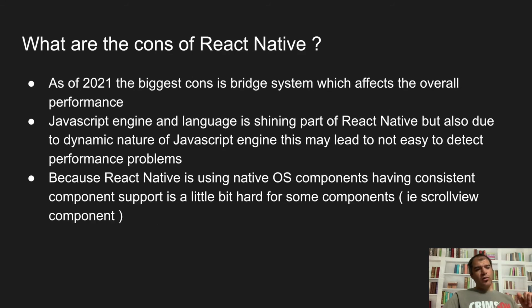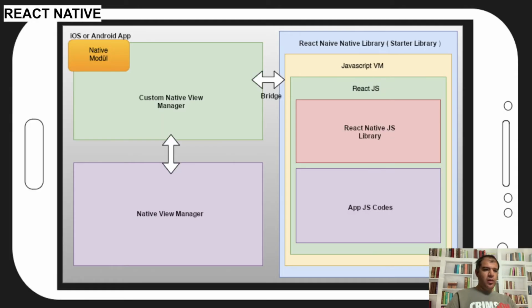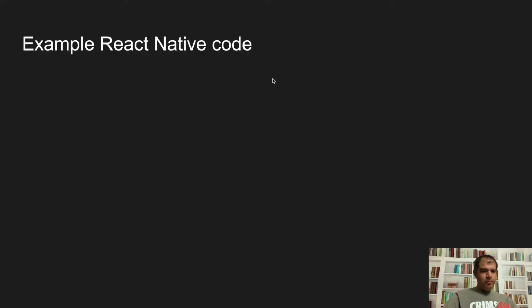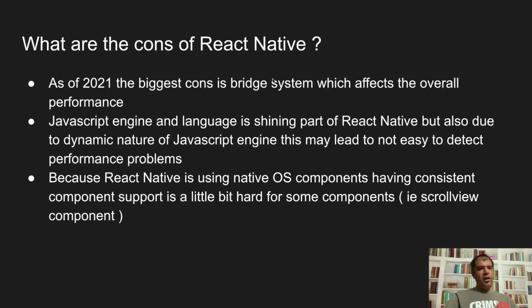So what are the cons of React Native? As of 2021, the biggest cons is the bridge. This is the biggest problem because it is the mother of all the hell. This is the problem right now. So React Native is working on that, and hopefully it will be landed in 2021.